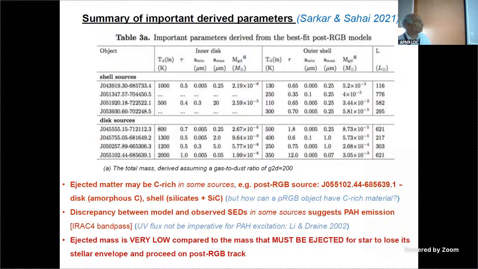There's also a discrepancy between the model and observed SEDs in some sources in the IRAC4 bandpass, which is at 8 microns. That suggests that there is 7.7 micron PAH emission contributing. So again, where do you get PAHs in these objects? Again, as I said earlier, the total mass, which is dominated by the mass of the shell, is very low compared to the mass that must be ejected for the star to lose its stellar envelope and proceed on the post-RGB track.